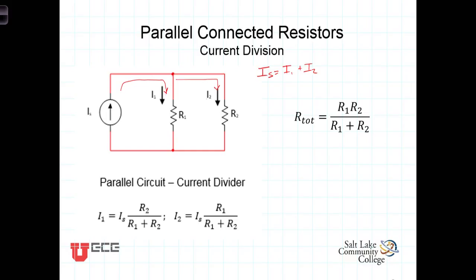It can be shown, and we won't do it in this class, but in a later class we'll derive that the total resistance, the equivalent resistance seen by this source looking into these two parallel connected resistances, can be determined by taking the product of the two, R1 times R2, divided by the sum of the two resistances, R1 plus R2.